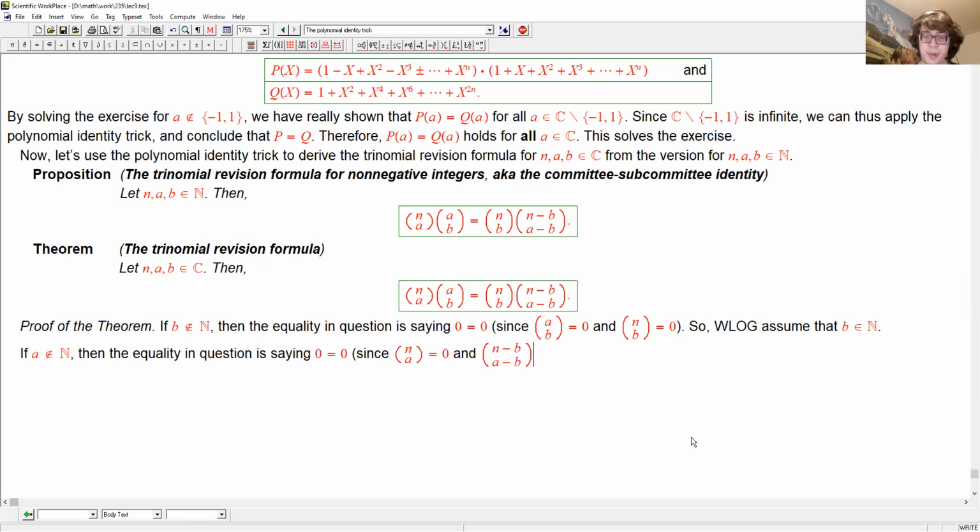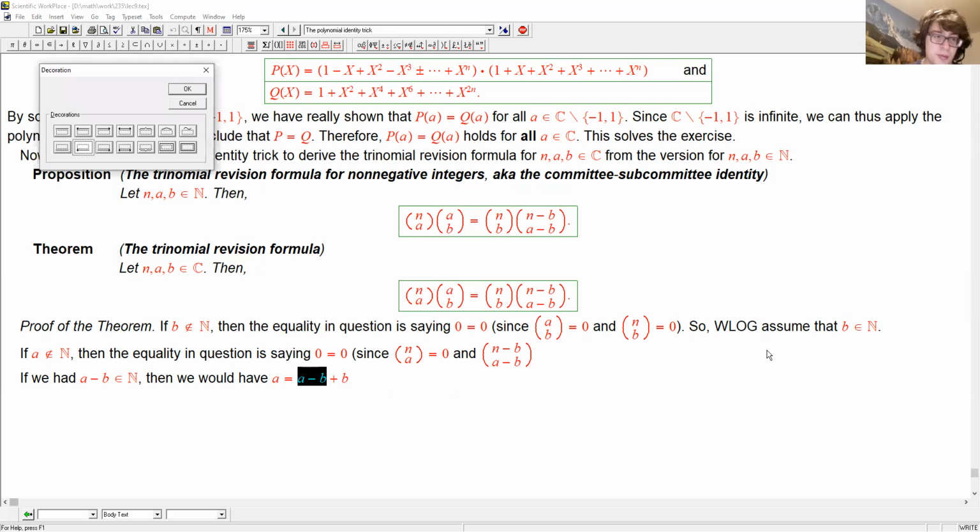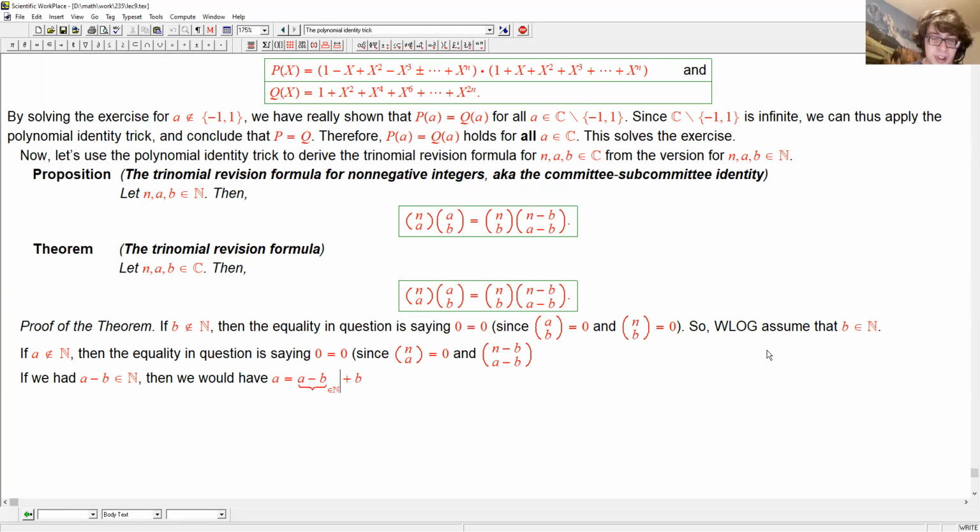And now, what about this one? Well, a minus b. If a minus b was a non-negative integer, then a would be a non-negative integer, because b is. So if we had a minus b in N, then we would have a is a minus b plus b, and b is also in N because we just assumed it a line ago.